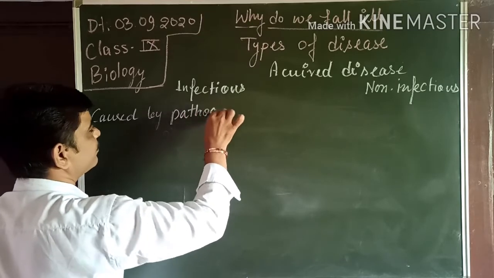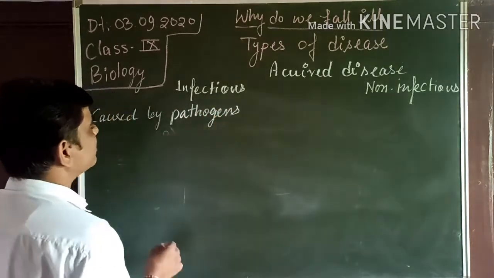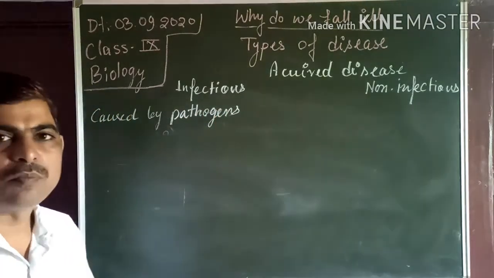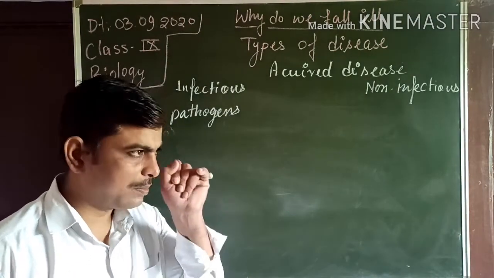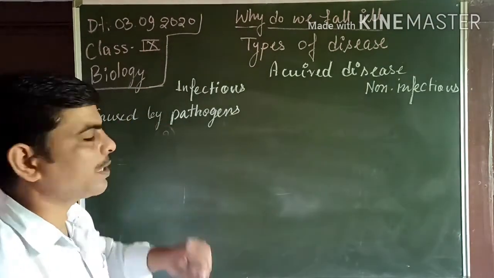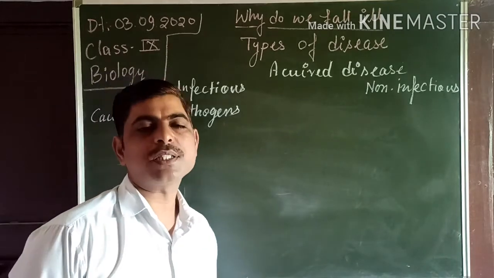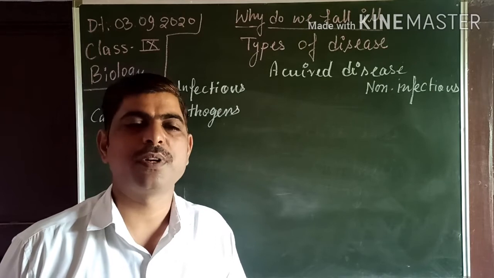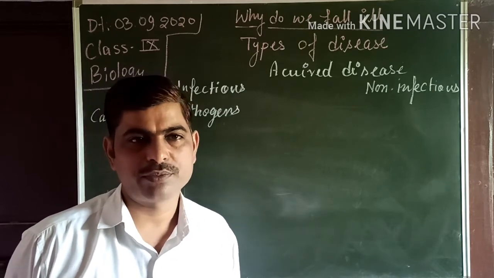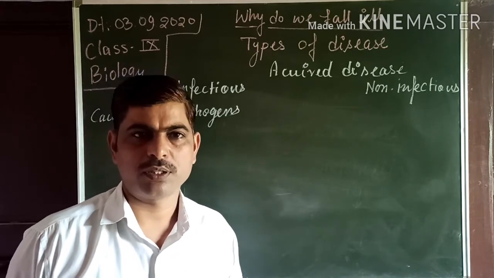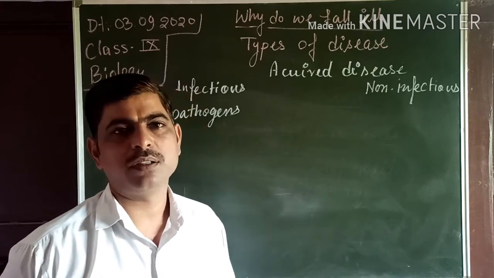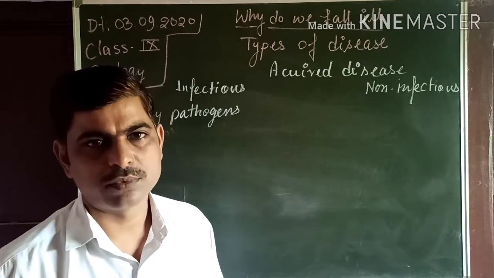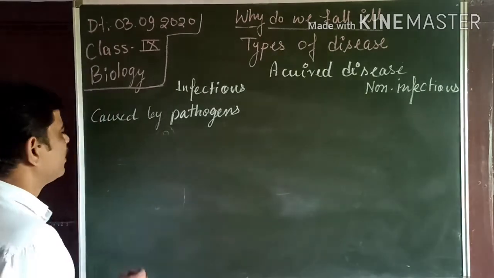Pathogens means disease-causing microorganisms are called pathogens. So this is caused by pathogens and it is infectious, so it will spread from an infected person to a healthy person through air, water, food, or physical or sexual contacts.